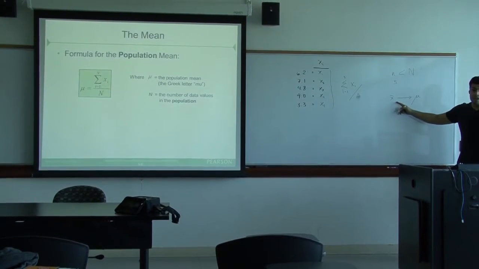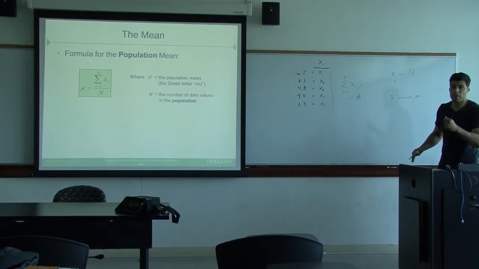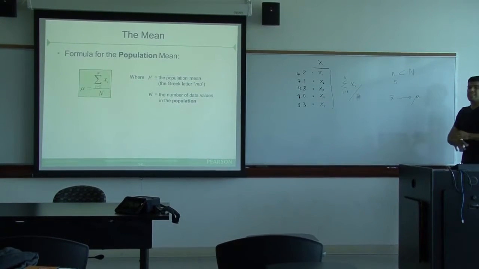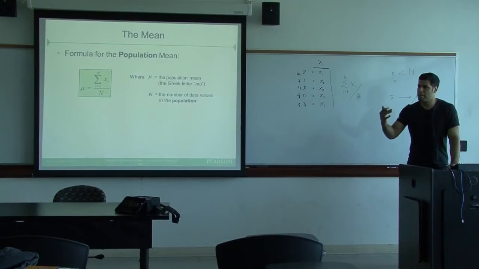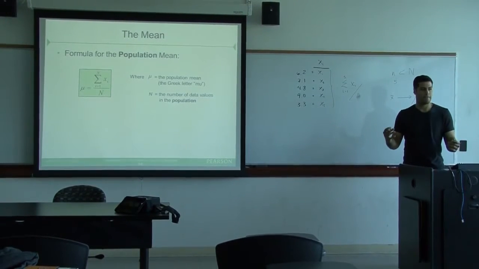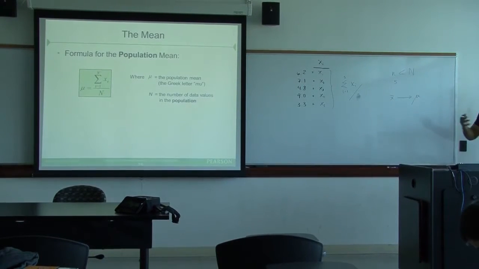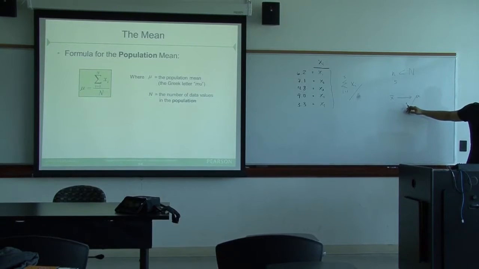How do you compute X bar? Take all sample values, add them up, divide by small n, right? How do you compute mu? Take all the values in the population, add them up, and divide by big N. It's the same thing, right? Computationally, it's the same thing. But in terms of the concepts, they're very different things, right? This is going to be an estimate of this thing.